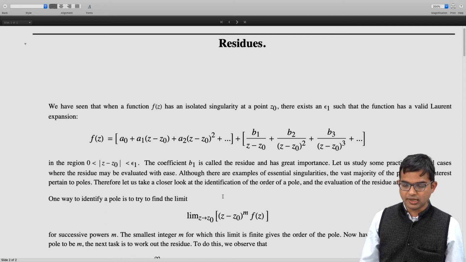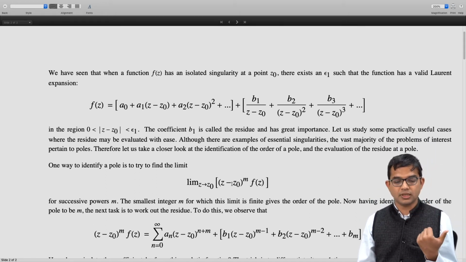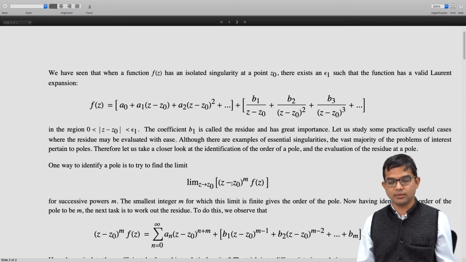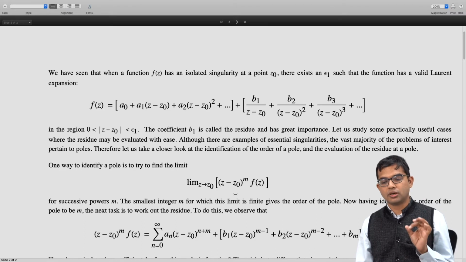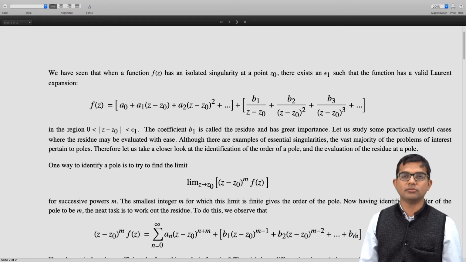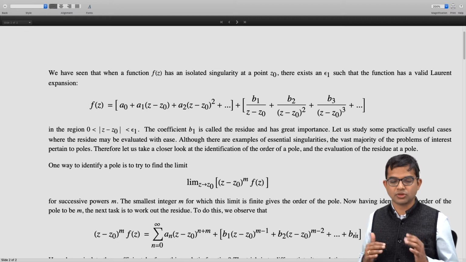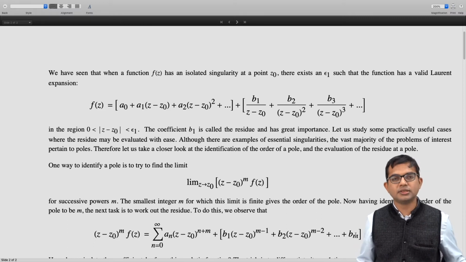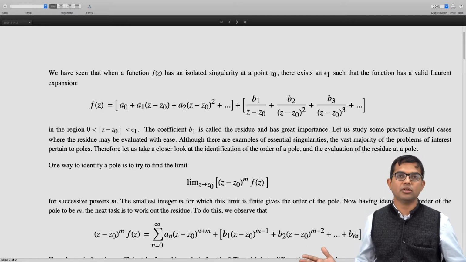To find the residue, we observe that if you multiply this function f of z by (z minus z0) to the power m, since it is a pole of order m, there are no terms beyond bm, no bm plus 1 and so on. So the entire thing becomes regular, as we have seen.